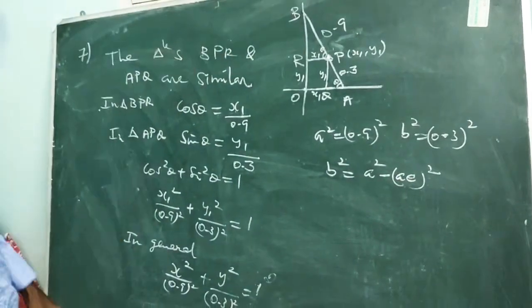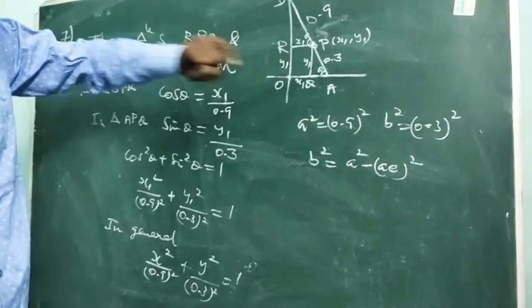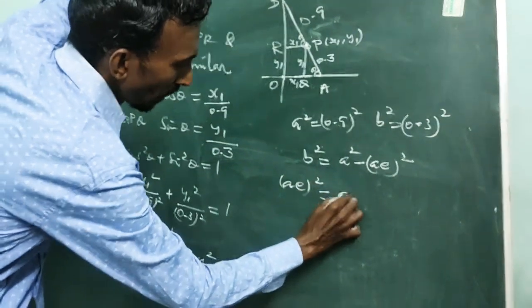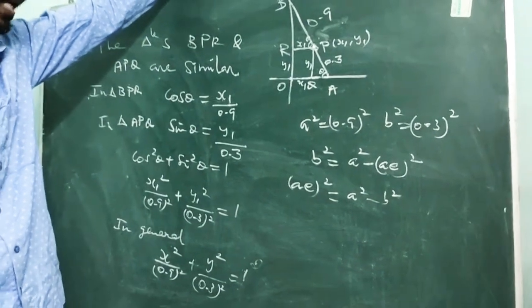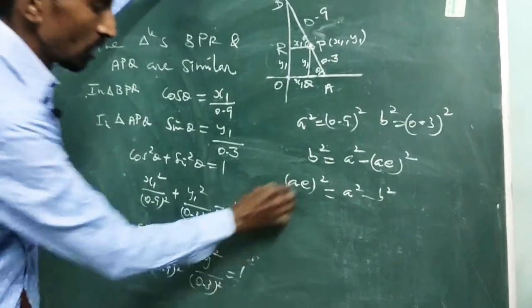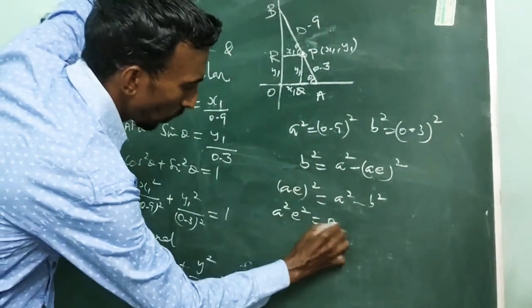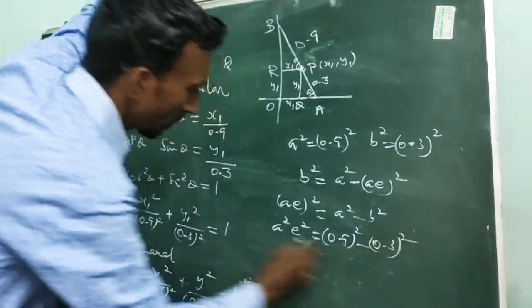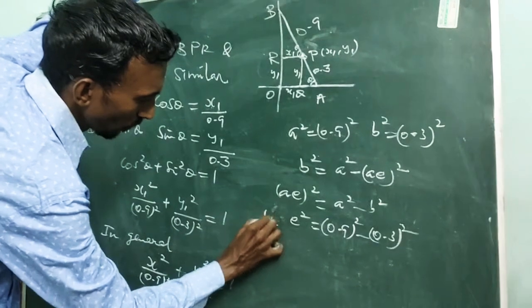Okay, b square equal to a square minus ae the whole square. From that, ae the whole square equal to a square minus b square. Okay, c square equal to a square minus b square, we know the formula. So it is a square into e square. So put the value 0.9 square minus 0.3 square. Again here 0.9 square, a square value.